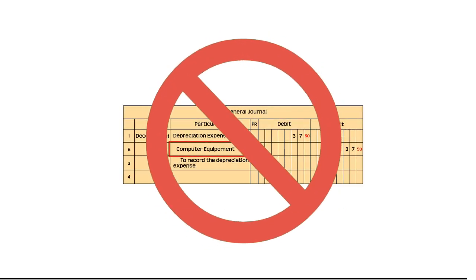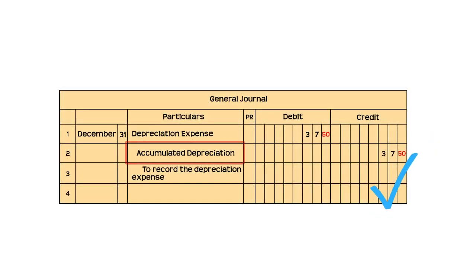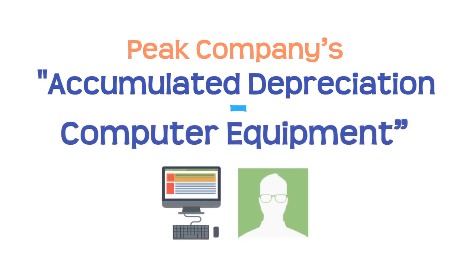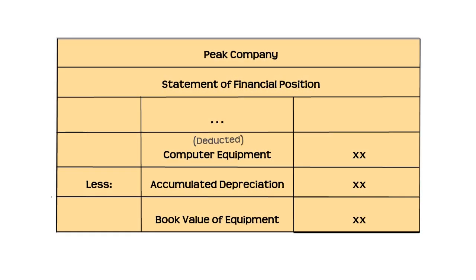Instead of crediting the computer equipment account, accumulated depreciation is used in the adjusting entry to offset the value of that asset. For instance, Peak Company's accumulated depreciation computer equipment account will be deducted from the computer equipment account in the statement of financial position.